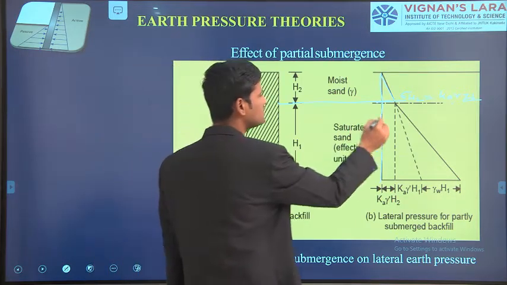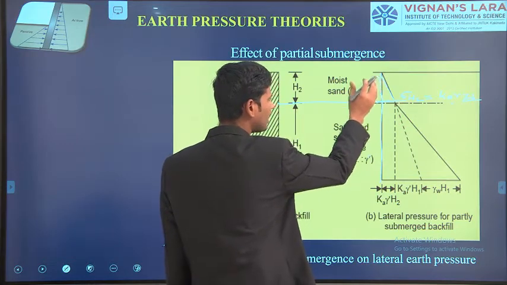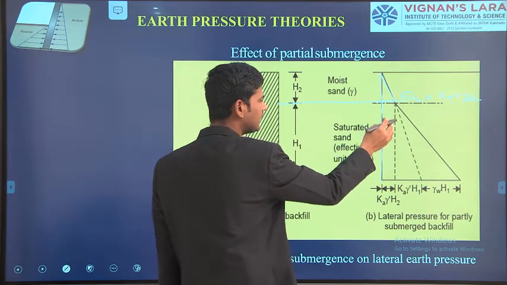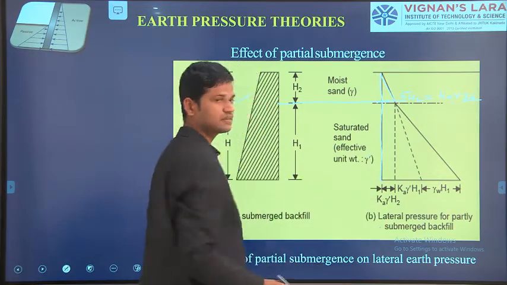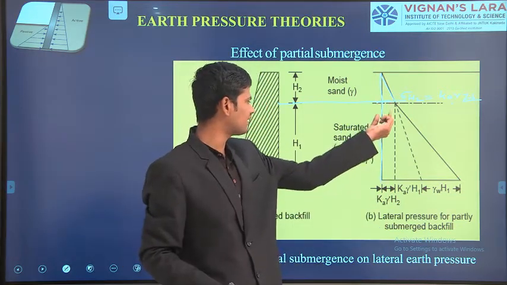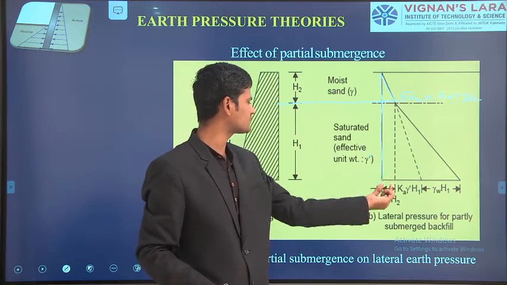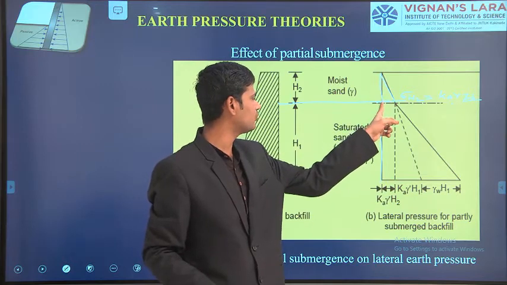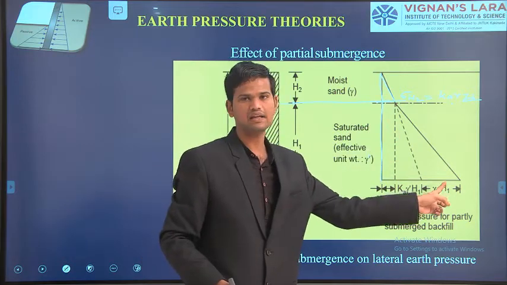And again, if you see here, after this layer, what is the layer present here? The pressure is created in the same manner. The pressure available here acts on the soil mass in this rectangular portion, and this layer acts in this triangular portion.